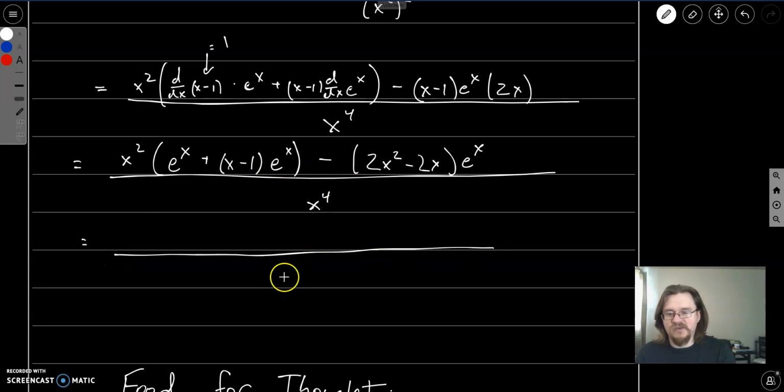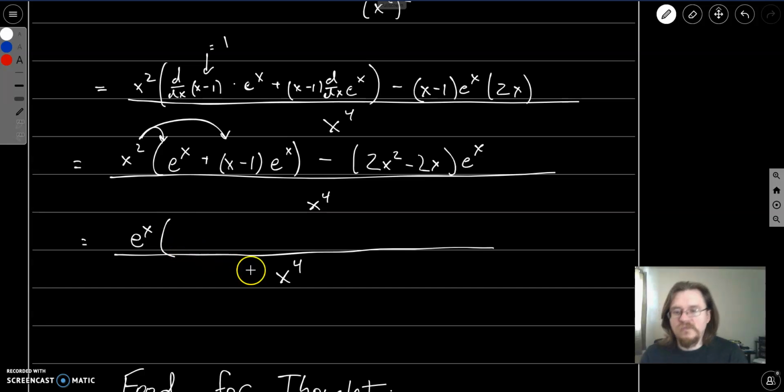I'm going to start factoring some things out. So I have an x to the 4th, and maybe up here, I'll quickly note, I'll distribute the x squared, but I'll also pull out an e to the x. So I'll just write the e to the x out front, and let's see everything that happens here.